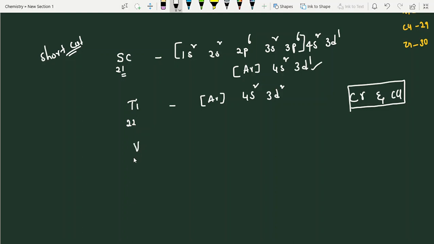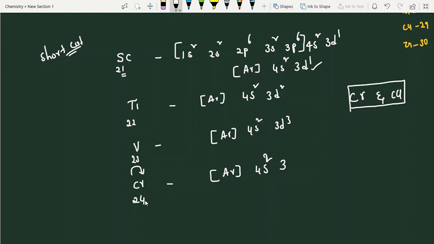Scandium, titanium, vanadium. Vanadium, again argon, 4s2. Tell me students, yes, that's it, 3d3. Next, chromium. For chromium, you can remember like this, or else put a star mark. That means one electron jumping is there. So see students, argon, the expected case is 4s2, 3d4, right?